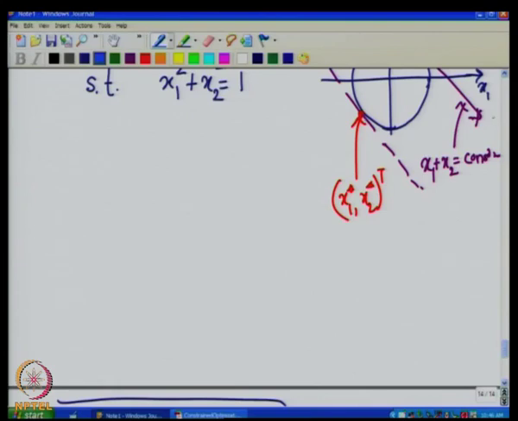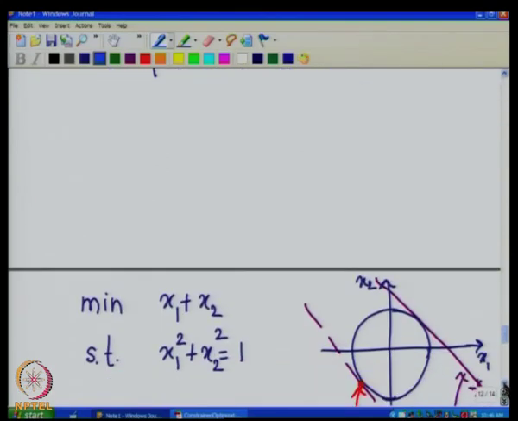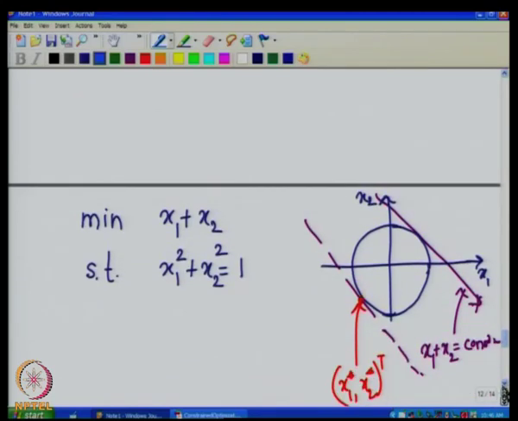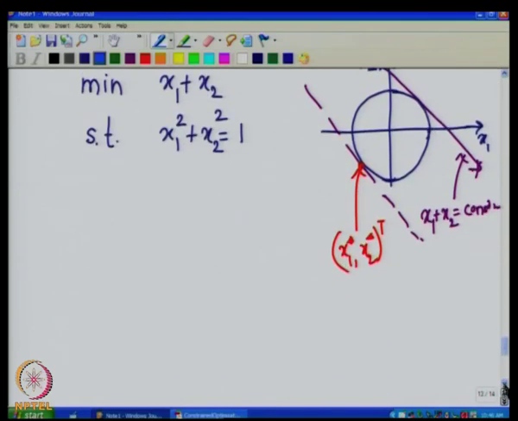And if we look at the minimum of this objective function, the x1 star, x2 star that we get here is minus 1 over root 2, minus 1 over root 2.